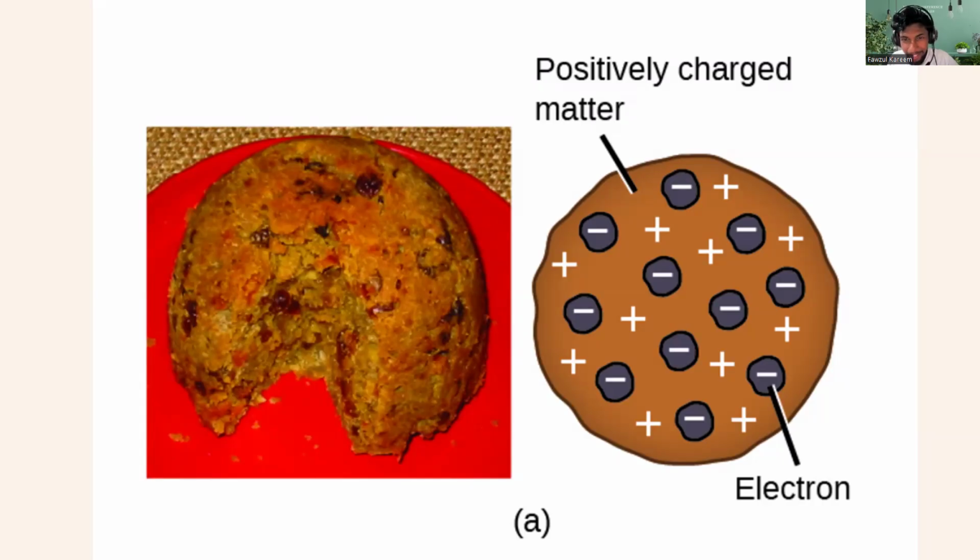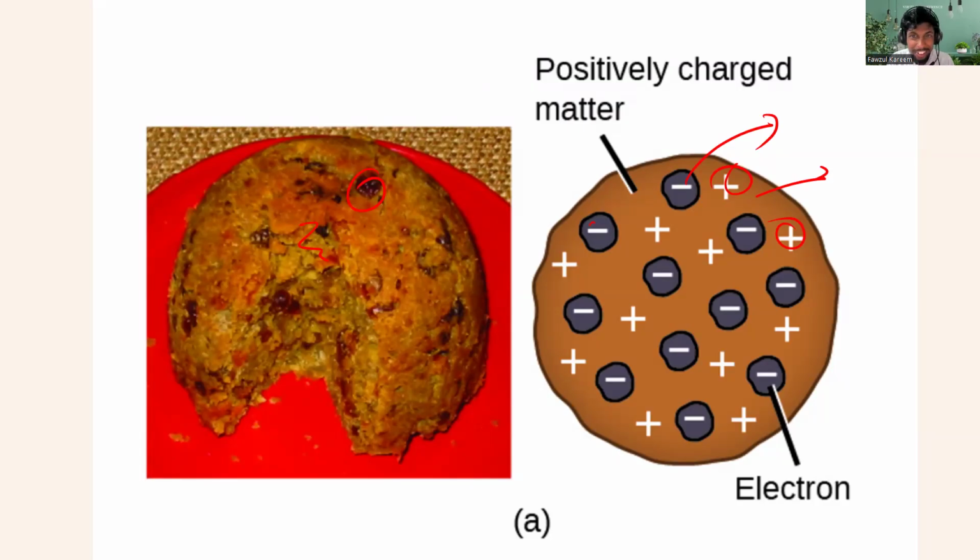Did you get the idea? Here, the brown color is the plus charge, and the plums are the negative charge. So see what he compares with what, right? I think he is a foodie, right? So he compared the atom with the pudding.